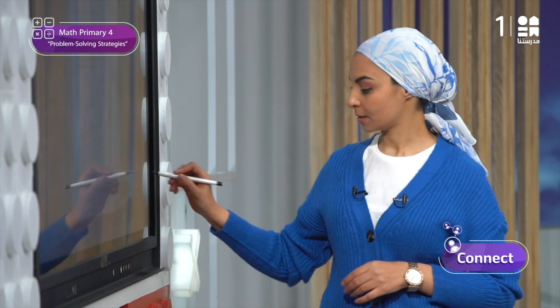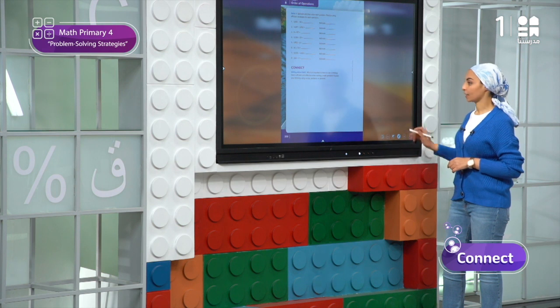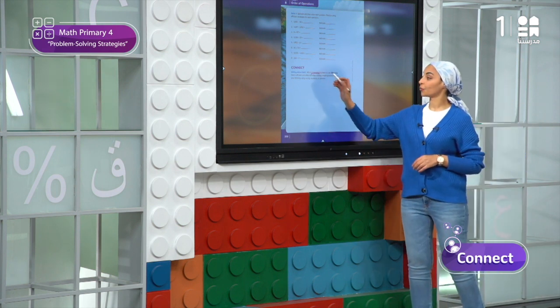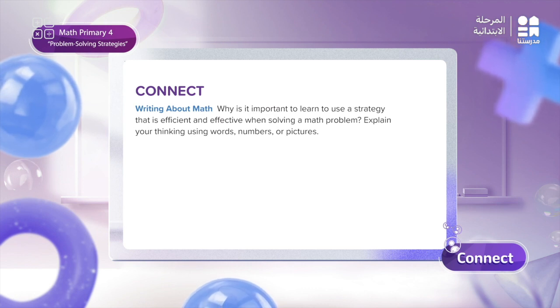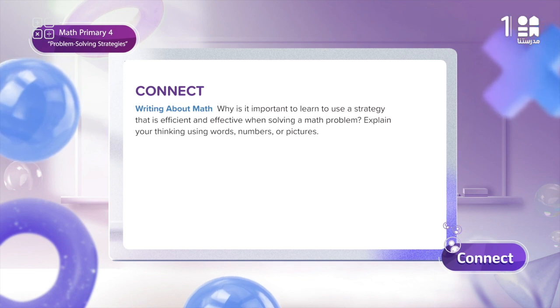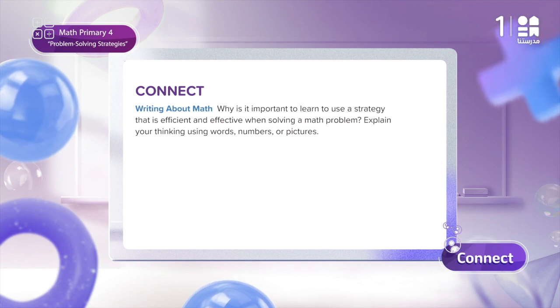The question is, like you see here: why is it very important to learn to use a strategy that is efficient and effective when solving a math problem? Here we want to explain our thinking using words, numbers, or pictures. I want you to think of the answers and share them with your friends and your teacher in your class.